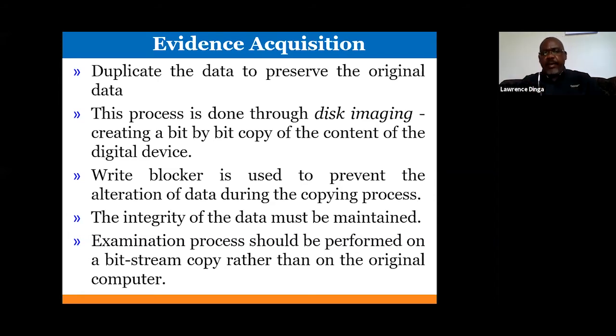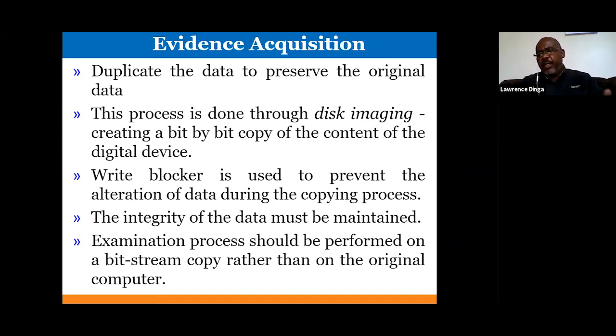Now, to verify whether the copy that you've made is similar in content and everything to the original, you do what we call a cryptographic hash. Hashing is just a mathematical function that you run on the original hard disk, and then you also run the same mathematical function on the copy, and it produces what we call the message digest or hash value.